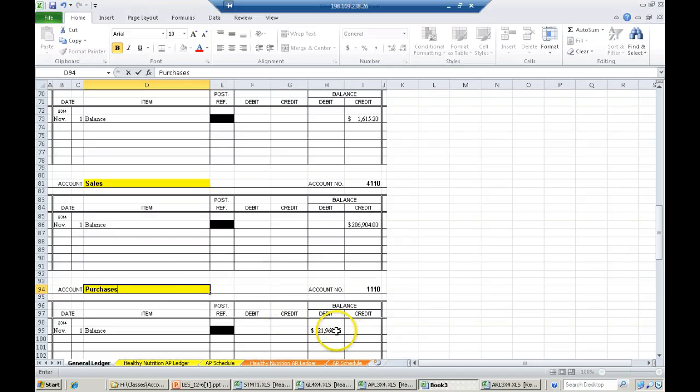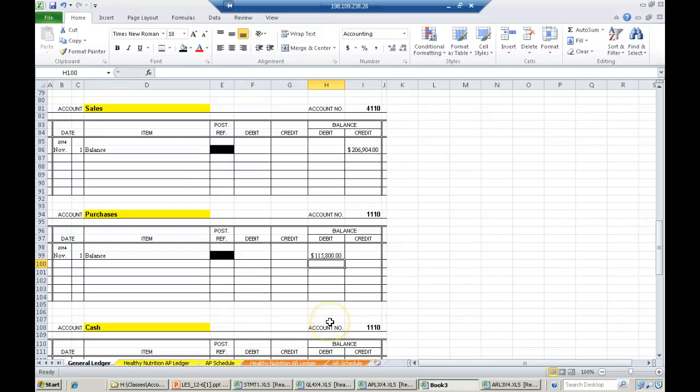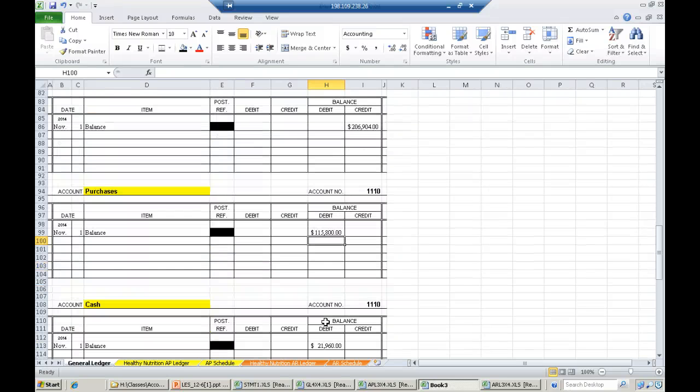Purchases has a normal debit balance of $115,800. And finally, rent expense. So we should have 9 in total.